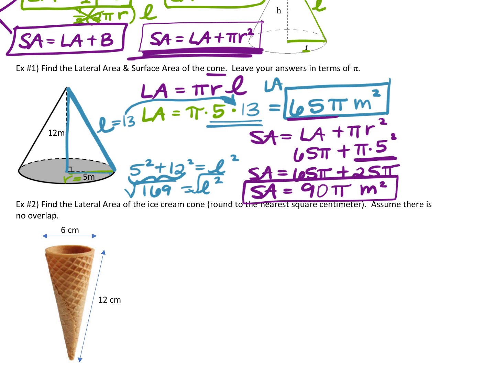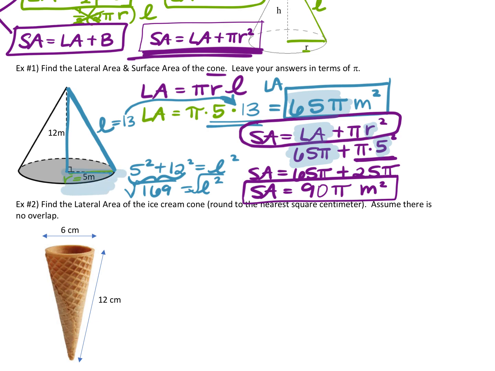Where did I lose you? I don't know, this entire thing. So this is your formula, right? LA plus the area of the base, pi r squared. So we take what we found for our LA, 65 pi, so that goes here, right? That replaces the lateral area. And then you have to add pi r squared. Your r right now is 5.